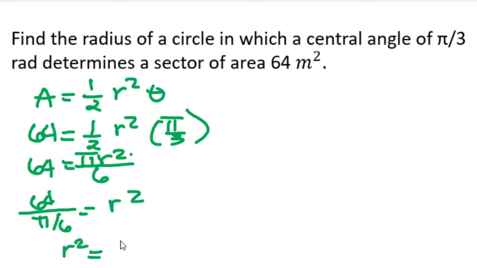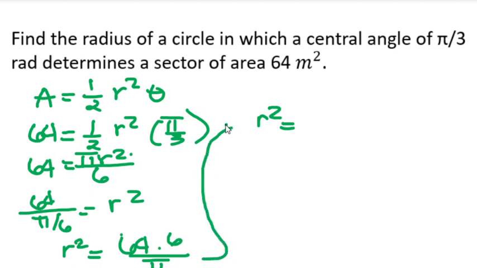R squared is equal to 64 times 6 over pi. It's not visible, so let's move to the top. We have now r squared is equal to, in continuation, 64 times 6, which is 384 over pi.